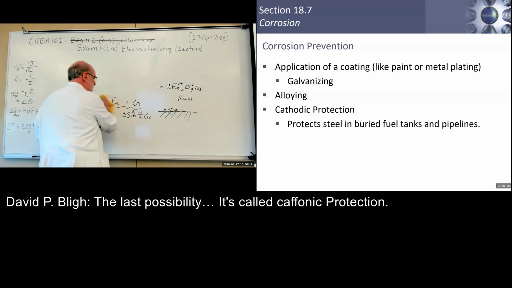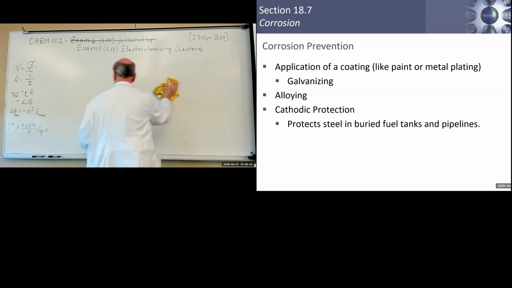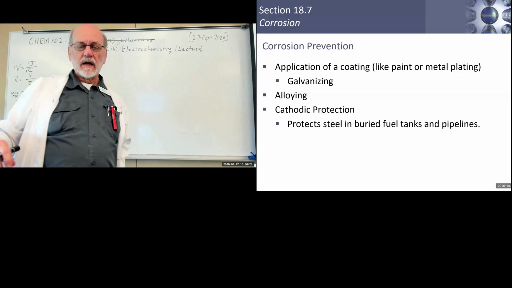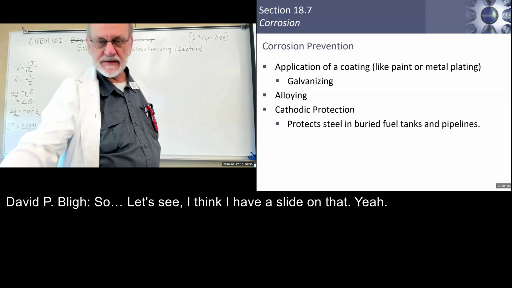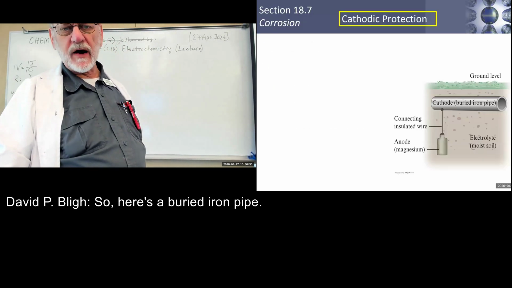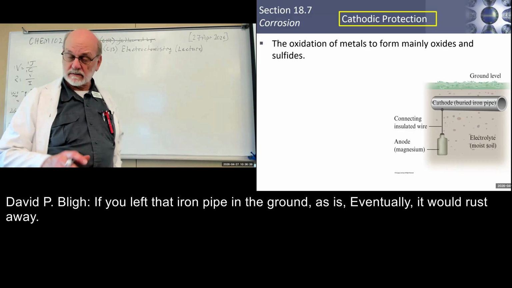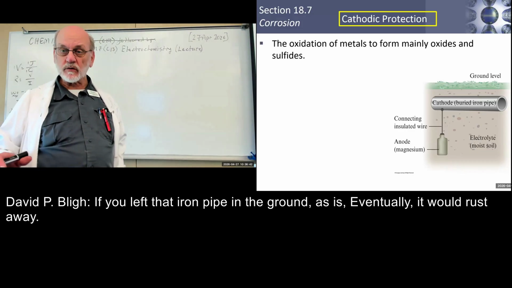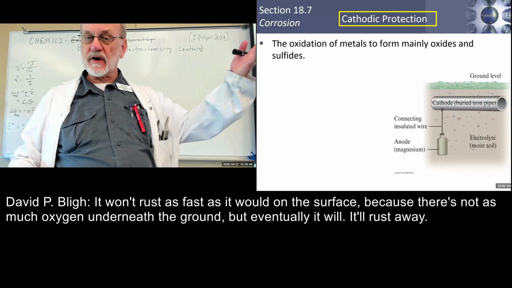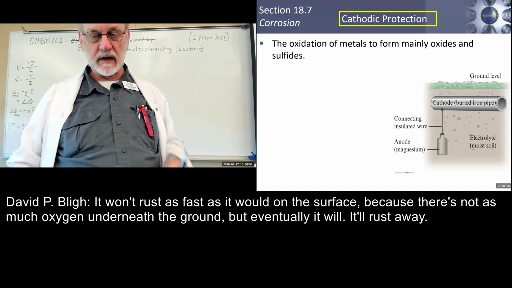Okay. The last possibility is called cathodic protection. So let's see. I think I have a slide on that. Yeah. So here's a buried iron pipe. If you left that iron pipe in the ground, as is, eventually it would rust away. It won't rust as fast as it would on the surface because there's not as much oxygen underneath the ground, but eventually it will. It'll rust away.